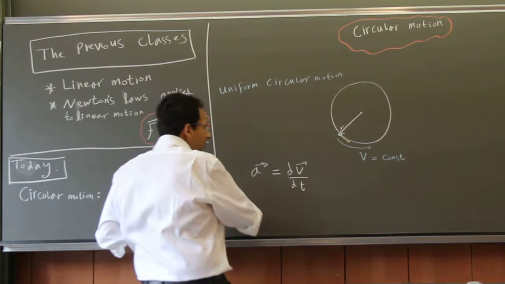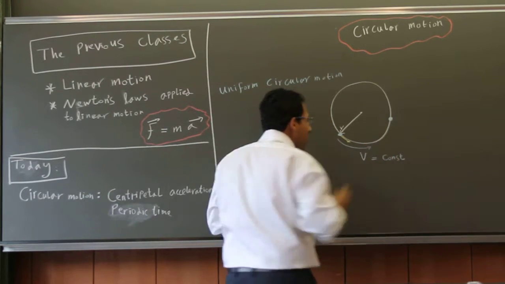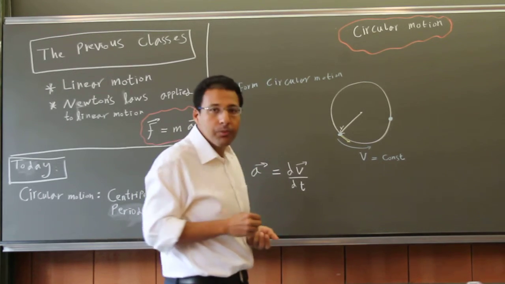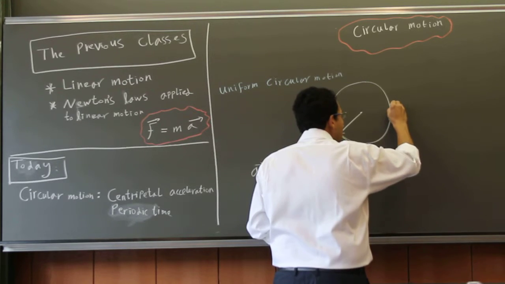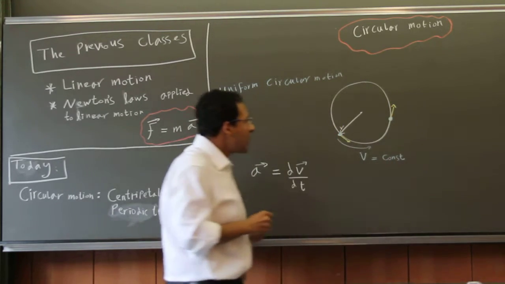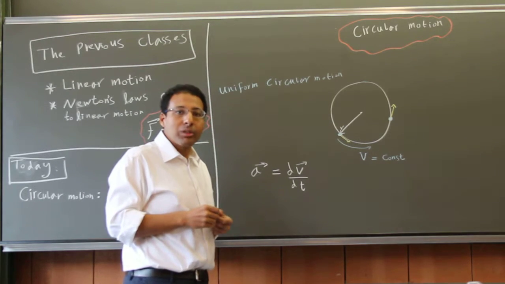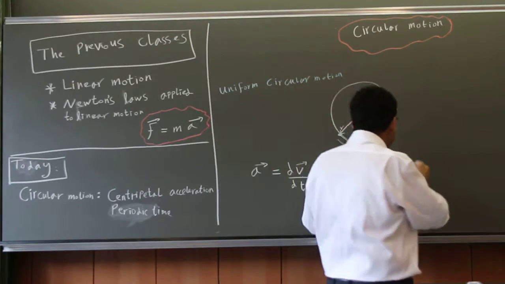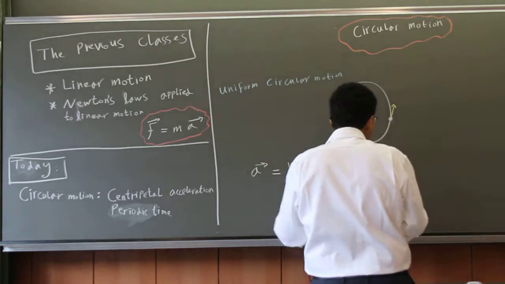Now my particle is moving, and after some time, it will be here. So now where is the velocity vector? Exactly, again, it is tangential to my circle. So you see, although the speed is constant, the velocity as a vector is not constant. And as you know, the speed is just the magnitude of the velocity.